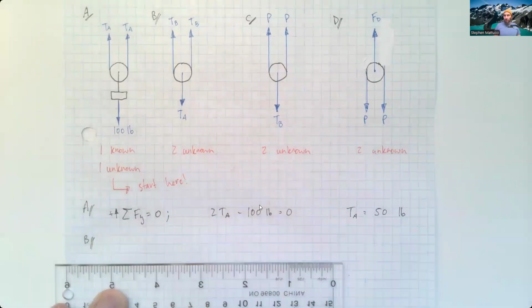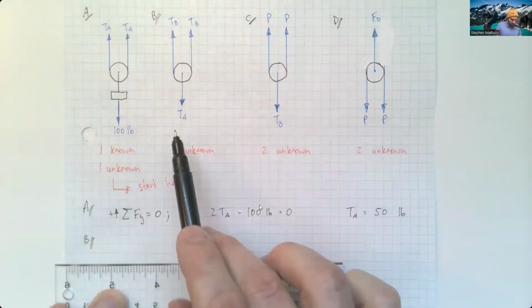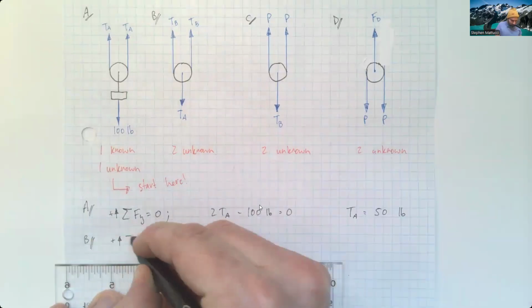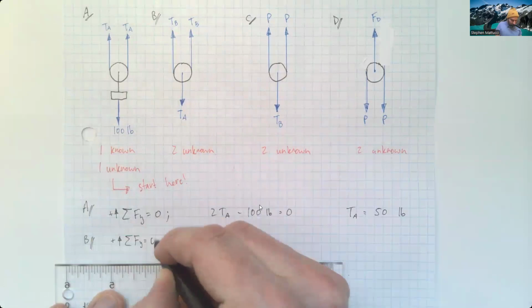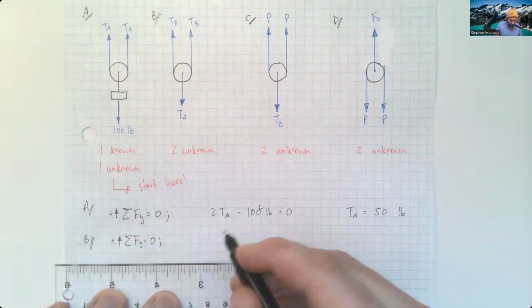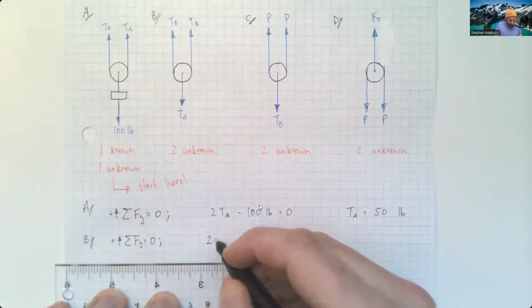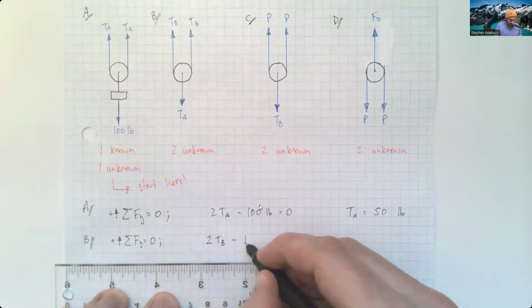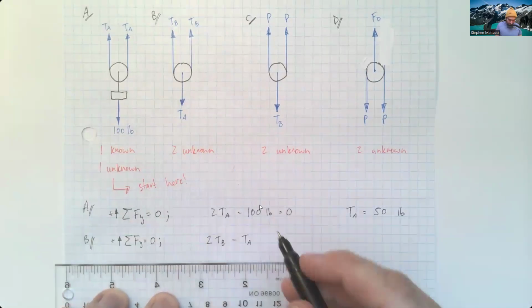Keep going. We'll look at pulley B. Pulley B, same thing, positive upwards. Sum of forces in the y equals 0. We have 2TB minus TA equals 0.